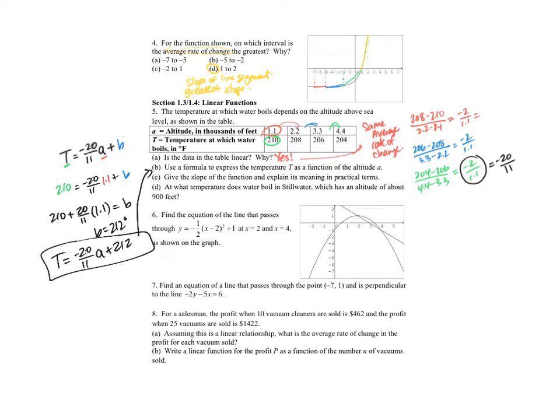On C, give the slope of the function and explain its meaning in practical terms. Okay, so the slope of the function is negative 20 over 11. Let's do the units for that. When I computed that slope to begin with, I had the temperature on top, so this is degrees Fahrenheit per, and then on the bottom, it's 1,000 feet.